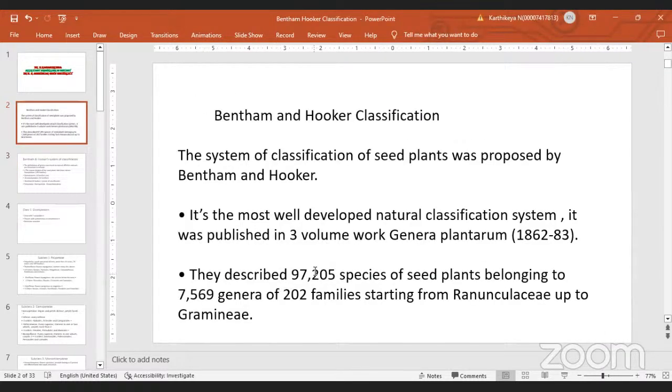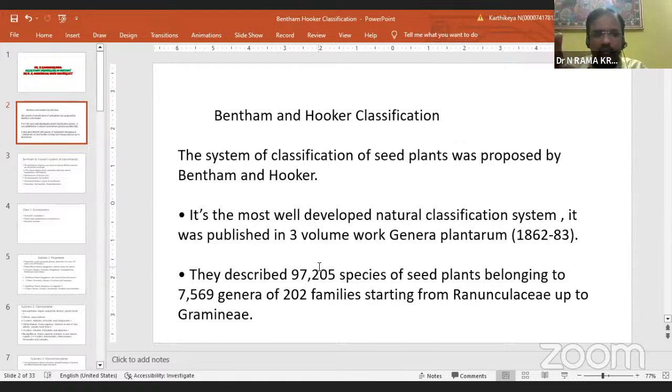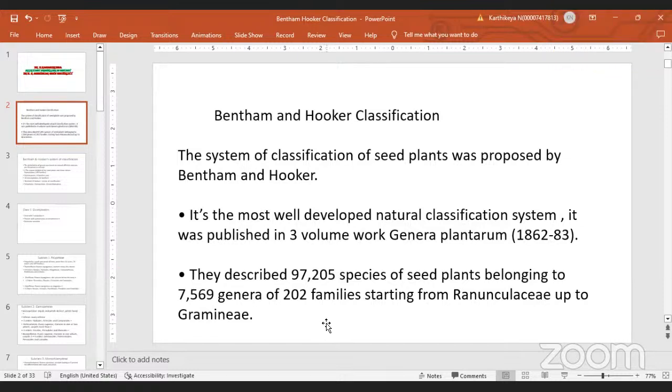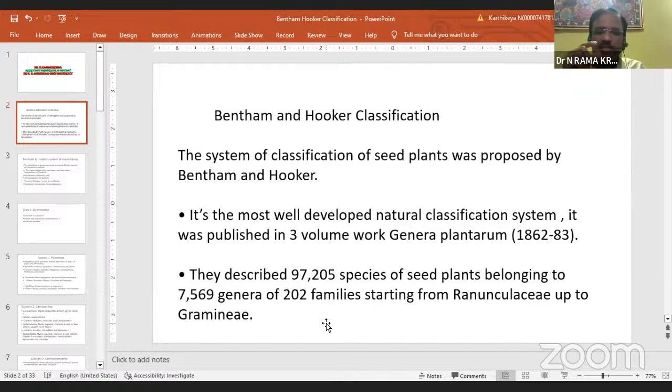They described plants worldwide. How many species are there? See the slide. 97,205 species. Species means plants. The species is most important when you are studying taxonomy. So you see here, a total of 97,205, near about, plus or minus, seed plants belonging to 7,569 genera, near about, and 202 families.